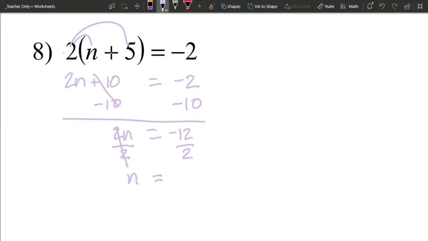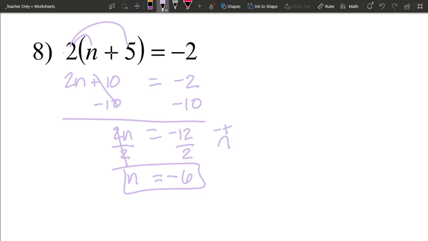N. Now I have, let's look at the signs. I have a negative and a positive. So happy or sad? Negative and positive. Sad. So my answer is going to be negative. 12 divided by 2 is 6. So the value of n is -6. That's the long way, showing all the steps.